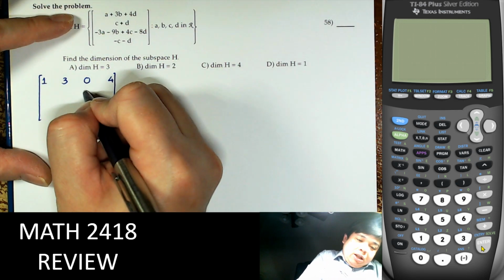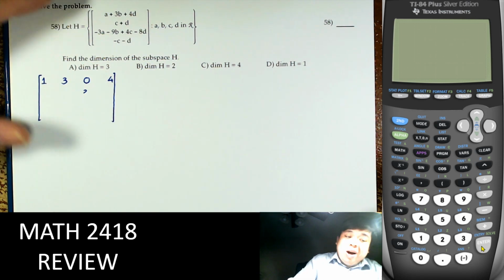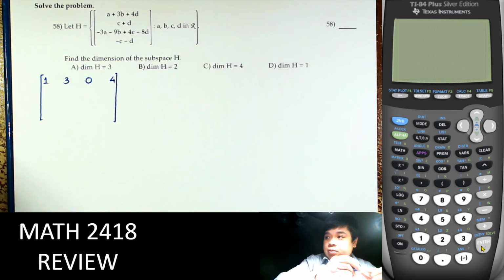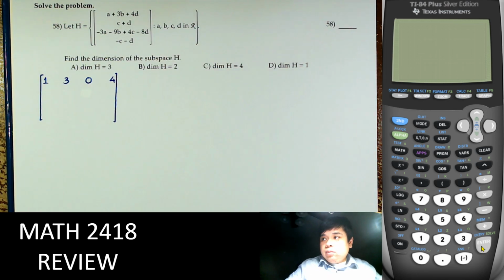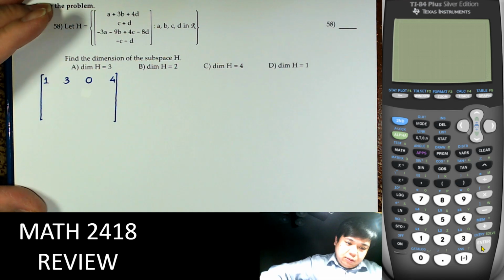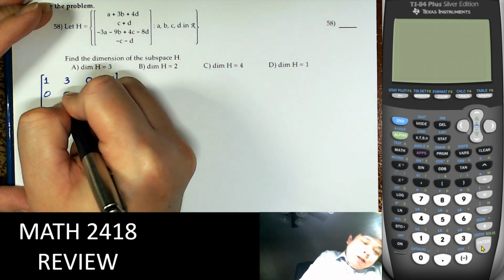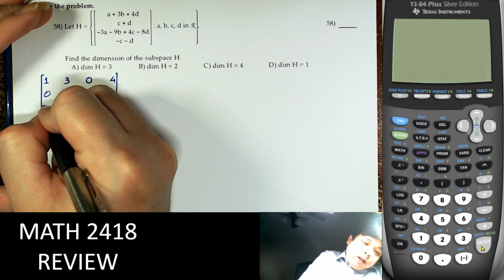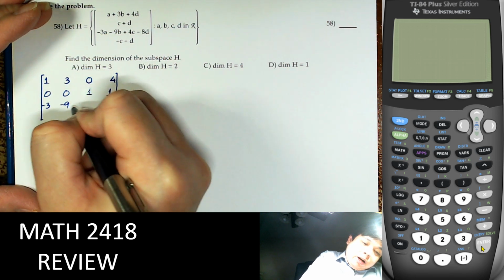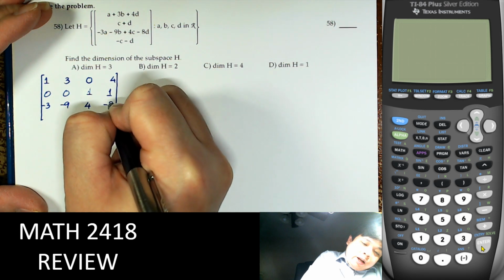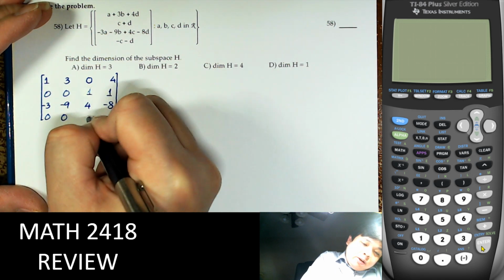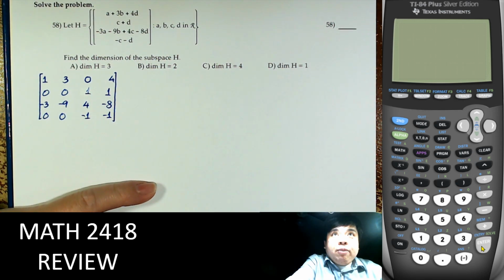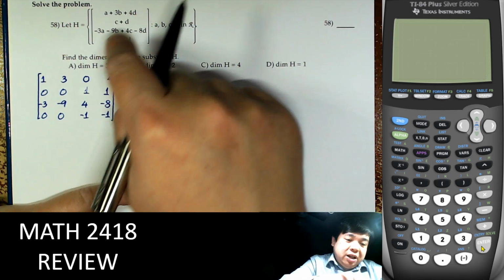And then 3C, 1C, no A, no B, 1C, and 1D, -3, -9, 4, and -8, 0, 0, -1, and -1. Right, so we write that matrix represented by that.